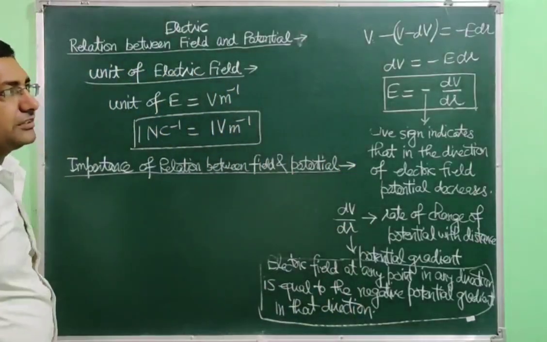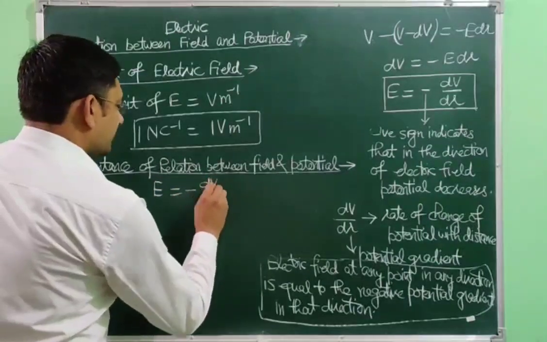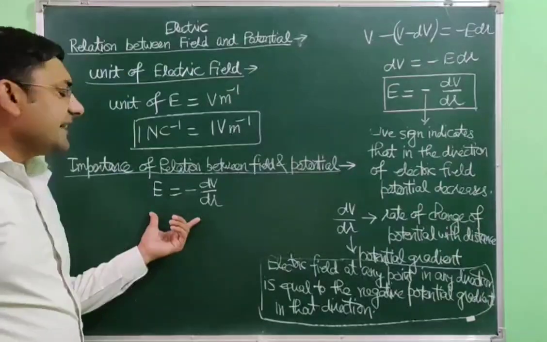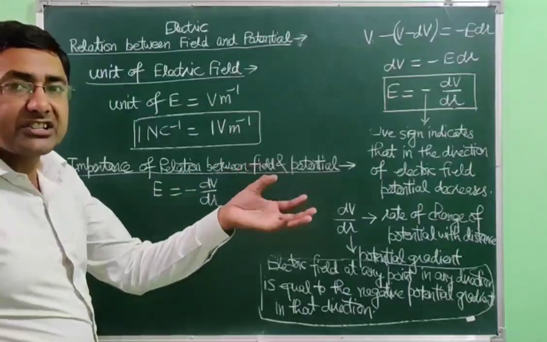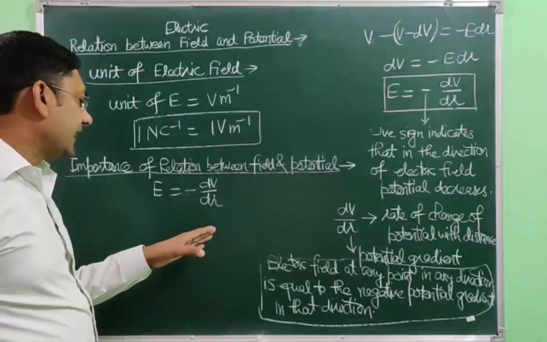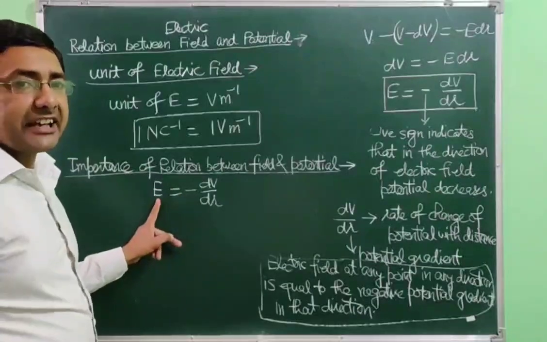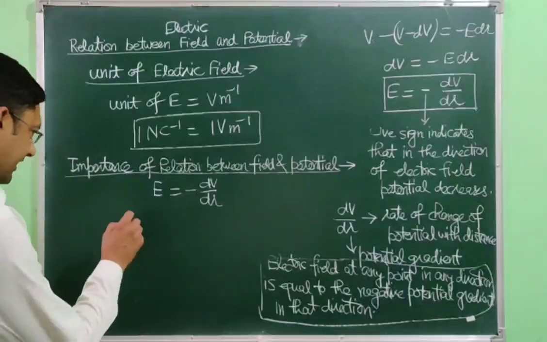So what is the importance? So firstly I am writing the relation E equals minus dV over dr. So if I have a value of potential at any point due to any charge configuration, then I can calculate the electric field at that point. So I am taking a simple example.